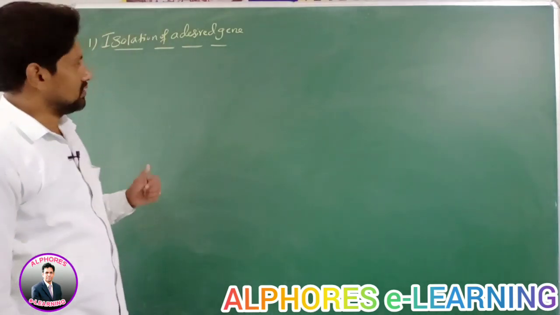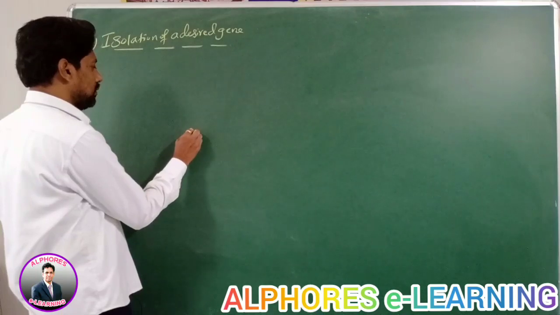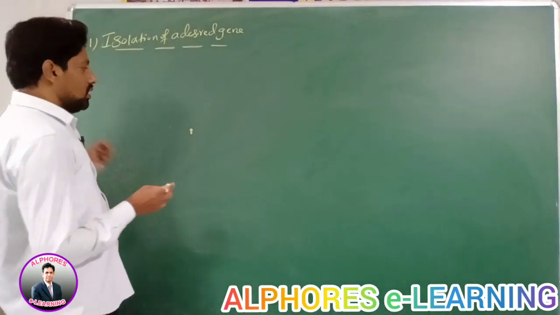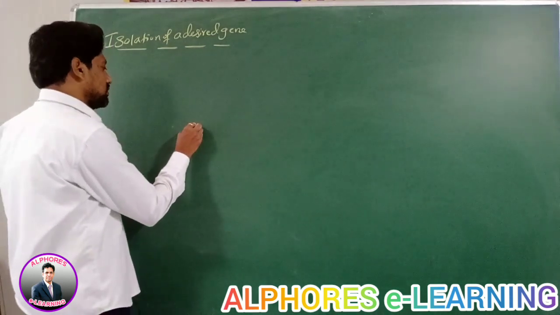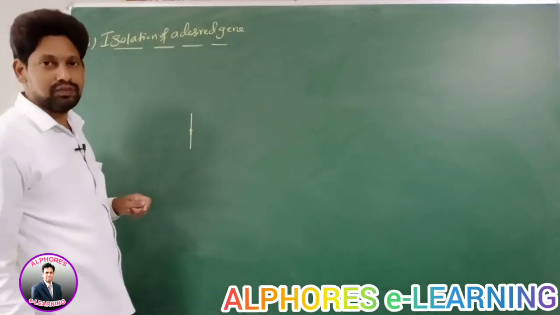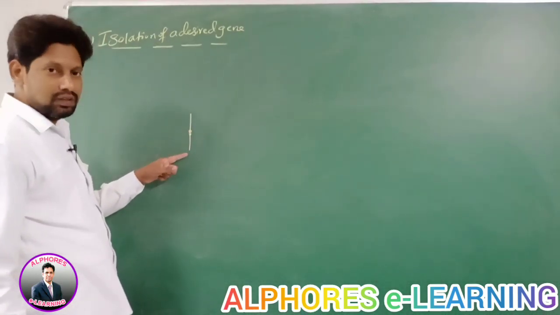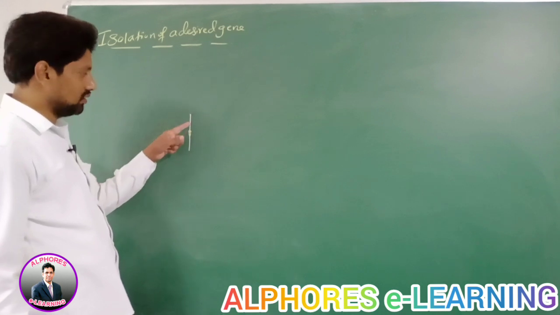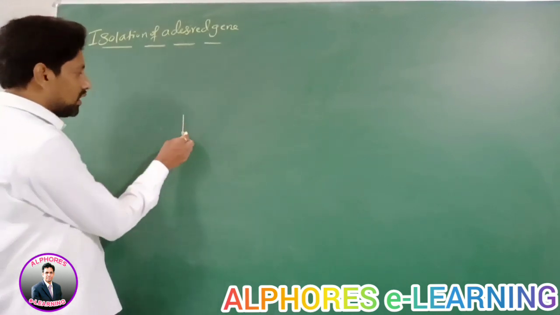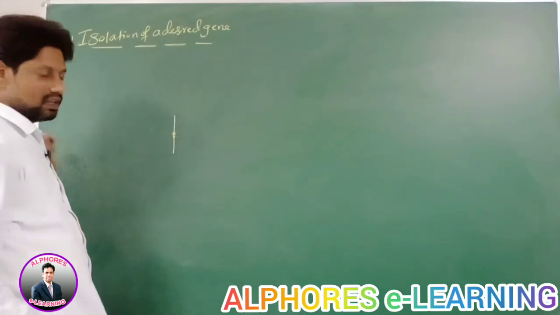Right? Now listen here. For example, this is a desired gene, sir. Gene means what? Segment of DNA. Therefore, this is DNA, sir. This DNA has many segments. One of those segments is the desired gene. Is it okay? Right?